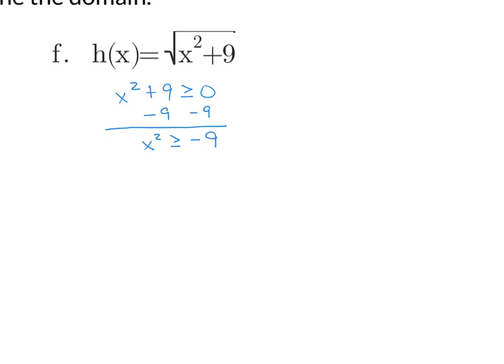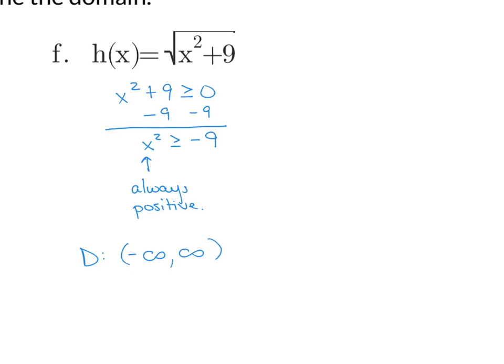Now, one thing to note is x squared is always positive or 0. It's non-negative. So when it is a positive number greater than or equal to negative 9, that is always going to be the case. And so for this one, our domain is actually all real numbers because of our inside variable being squared.